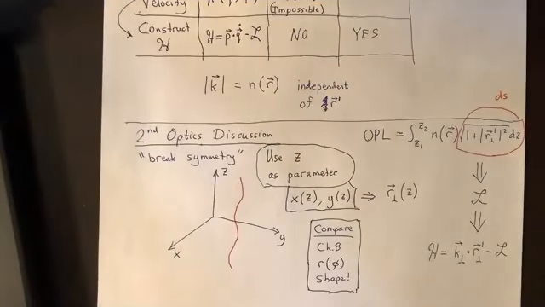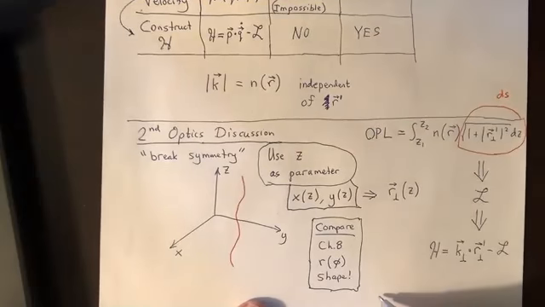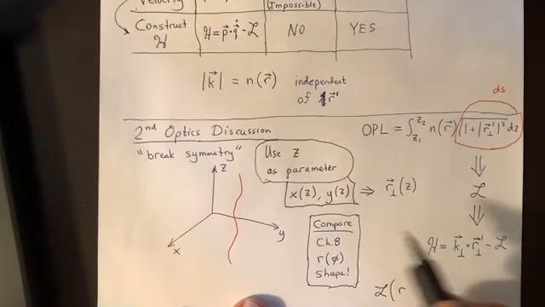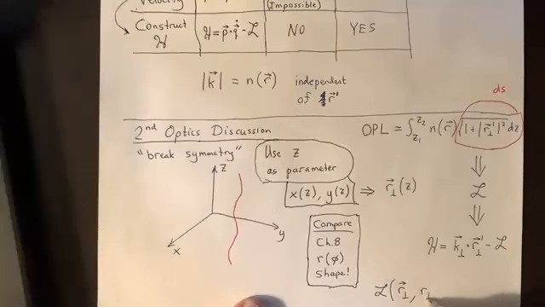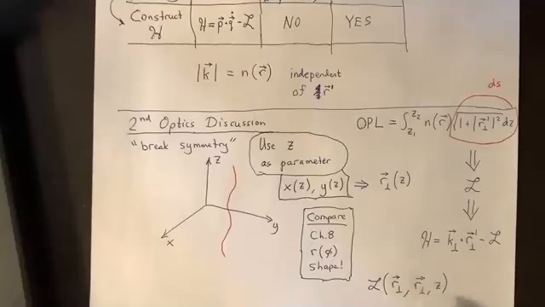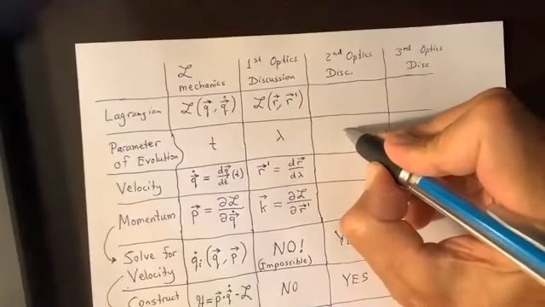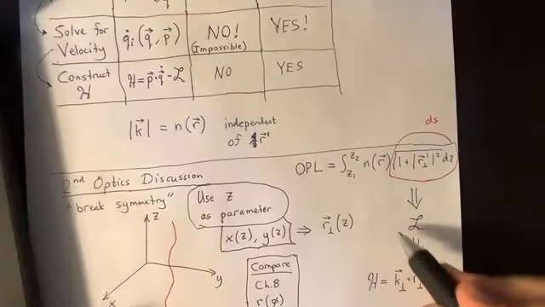So that Lagrangian is a function of the perpendicular variables, x and y, that's the r perp, and z. Notice this z is kind of like the time t, because in our comparison the parameter of evolution now is z.